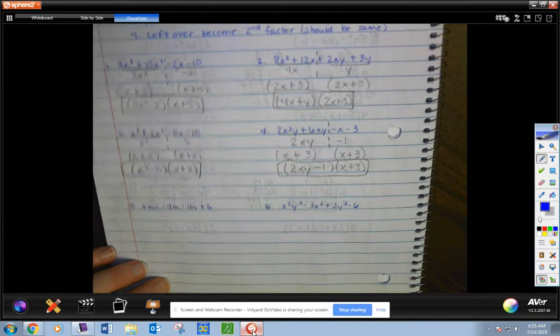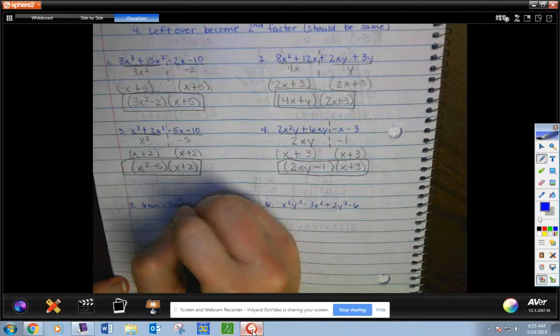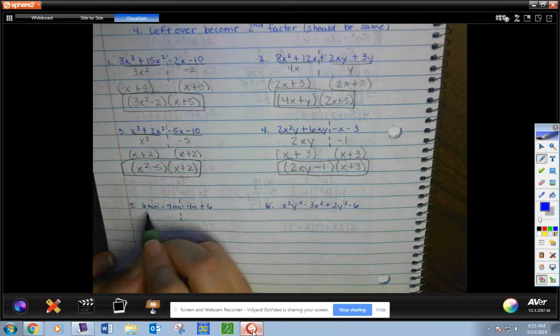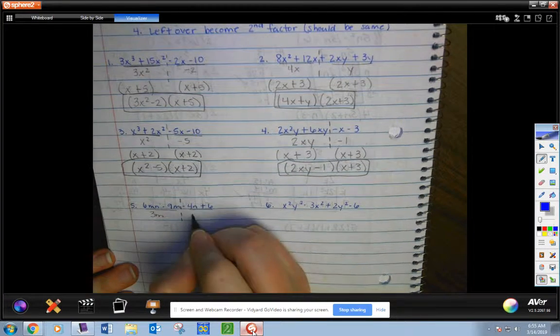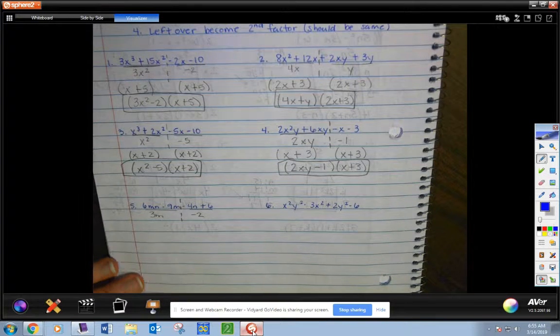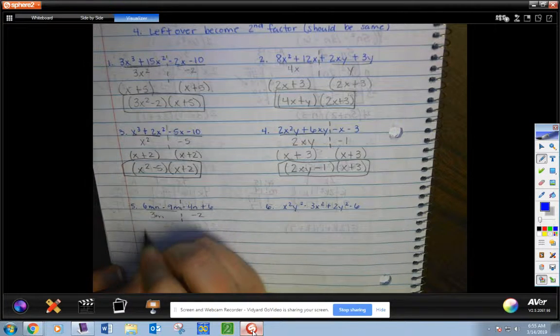Okay, just 2 more examples. I'm going to go ahead and divide this problem in half. Over here on the left side, I can pull out a 3 and an m. And over here, I could pull out a -2 since it starts with a negative. 6 divided by 3 is 2.